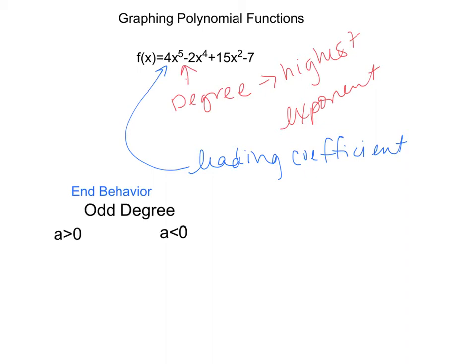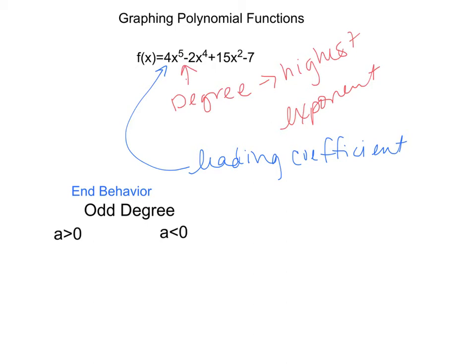Okay, so I told you about the degree. So the first thing we're going to look at is the degree. If it is odd, so that means the highest exponent is odd, that's what our degree is. And then the a value, now just like when we were talking about quadratics, which a quadratic is a polynomial because it's just a string of terms. So the a value is always the leading coefficient.